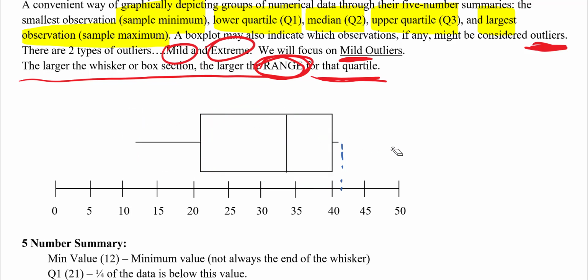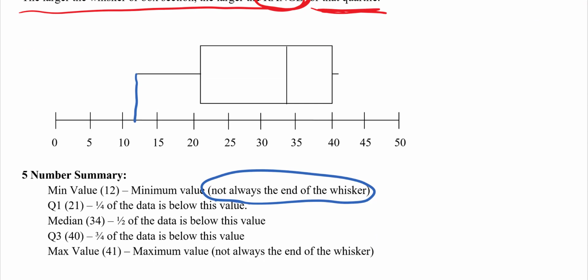So let me erase this because I want to talk a little bit about this now. If I look at the 5-number summary for this box and whisker plot, modified, I call it a modified box and whisker, that's what it is. The minimum value is 12. So look at this, here's the minimum value. That's about 12. Okay. And a couple things: minimum value is not always the end of the whisker. Not always. Q1 is 21.